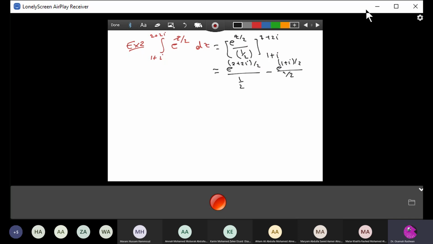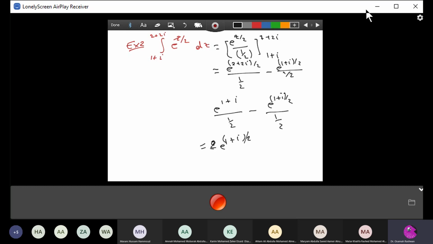Now I can do this one: it will be e to the 2 over 2, so this will be 1 plus i over half, minus e to the 1 plus i over half. This is half of this one, so it will be 1 plus i over 2 over half.